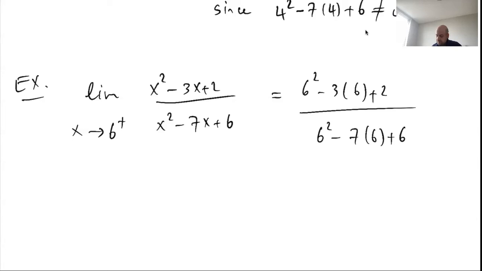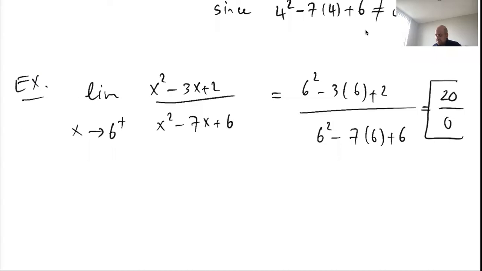So this is 42 minus 42, the denominator is 0. The numerator is 38 minus 18, so that's 20. The numerator is non-zero, the denominator is 0.